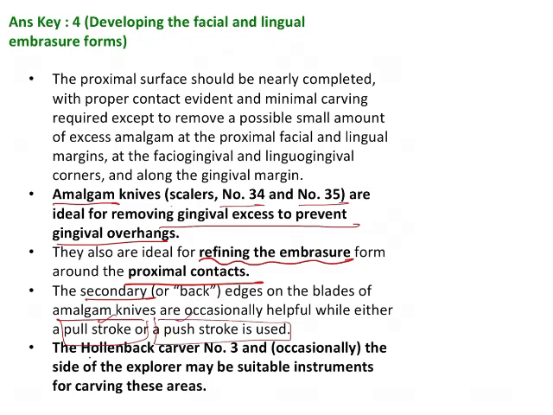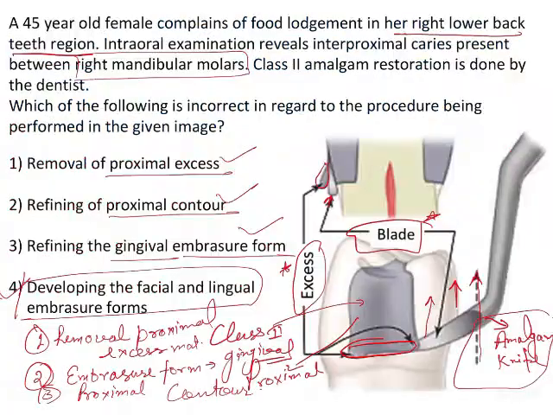Again, we have a carver which is used for carving of the enamel, that is the Hollenbeck carver number 3. This occasionally can be used as the side of the explorer, and may be a suitable instrument for carving these areas. So yes, going back to the question, the answer is going to be option 4, that is developing the facial and lingual embrasure form is not going to be the function of this particular procedure shown in the figure.